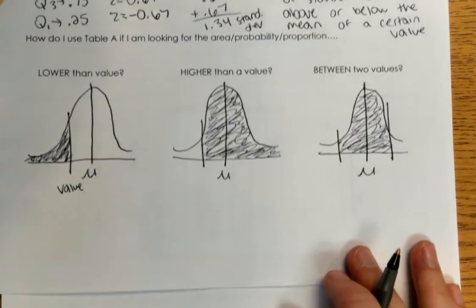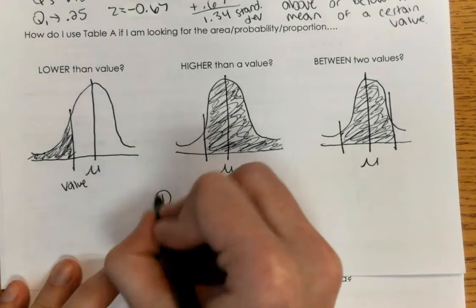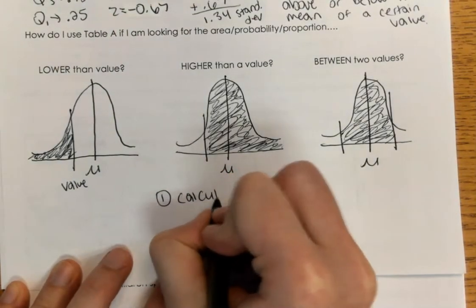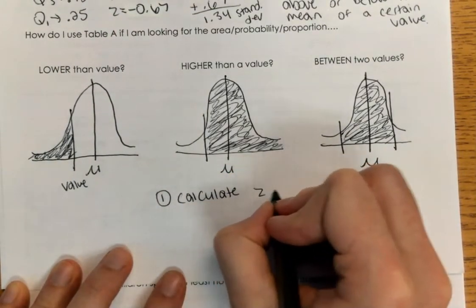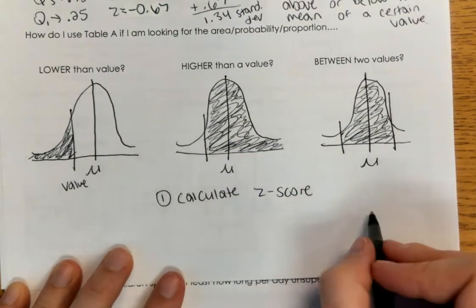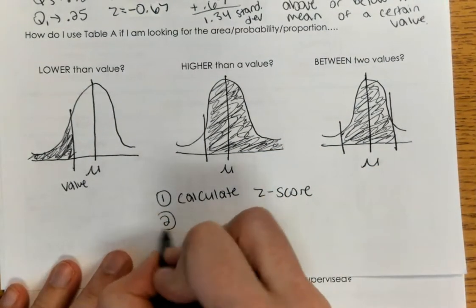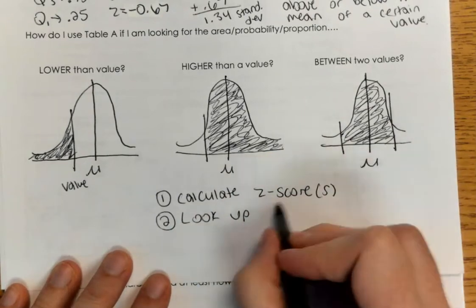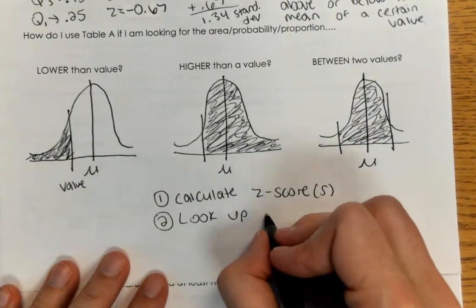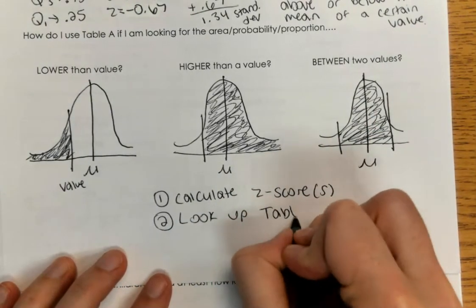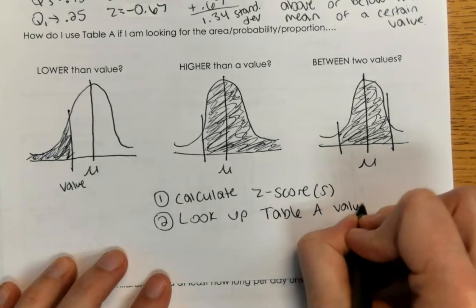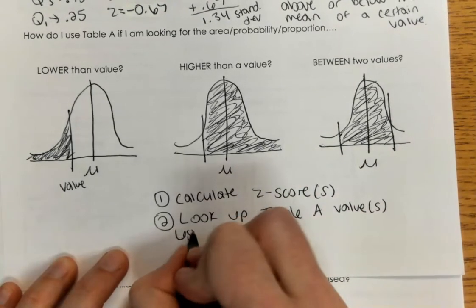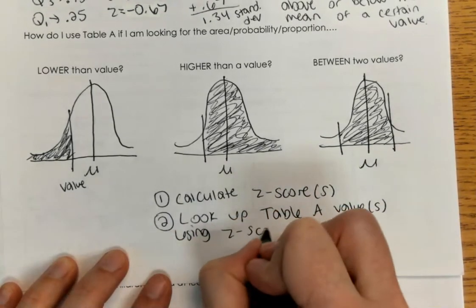All right, so if you're looking for that area, remember your step one is going to be to calculate the z-score. Step number two, look up the table A values using the z-score.